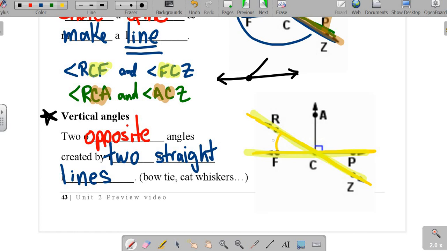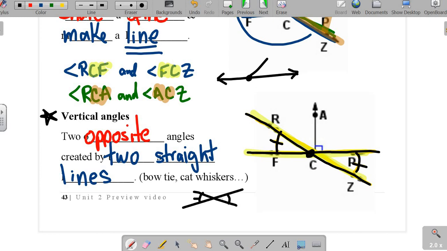notice. What's super important to note about these angles is they are always congruent to each other. So vertical angles made by two straight lines, bow ties, cat whiskers, whatever you want to call it, they are always congruent.